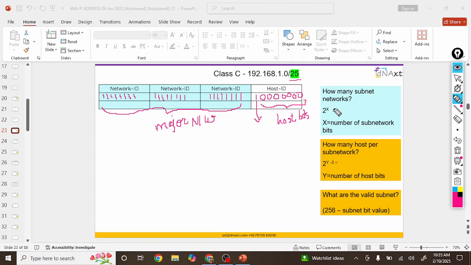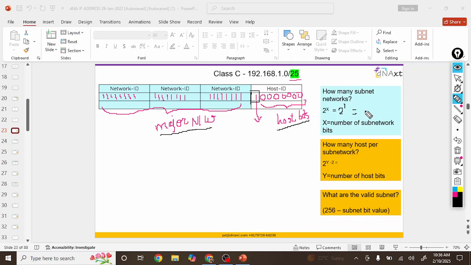The formula is 2 to the power x, where x is the number of subnetwork bits. We have only one subnetwork bit, the one bit from the host portion which we have borrowed into the network, so 2 to the power 1.